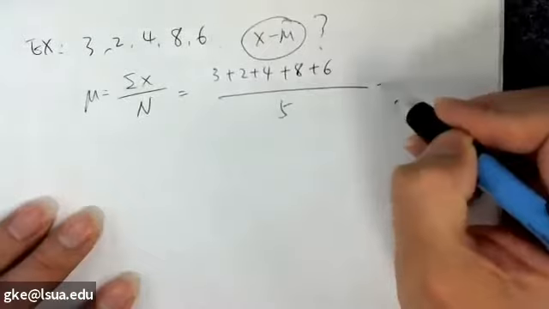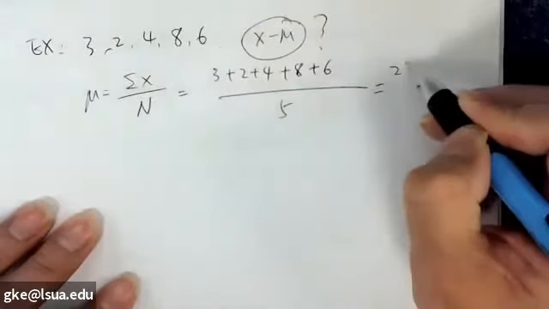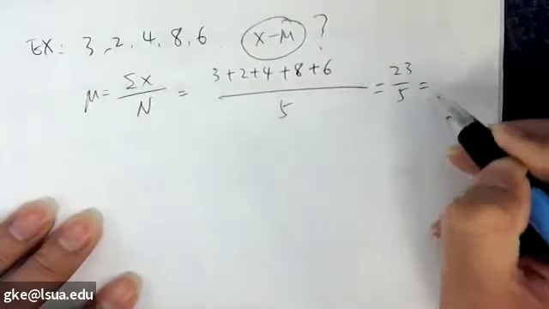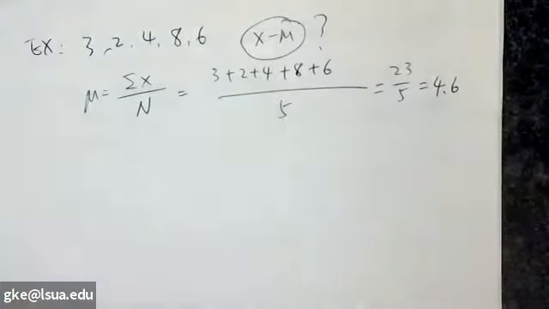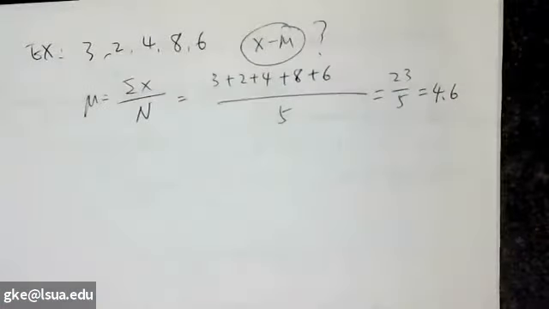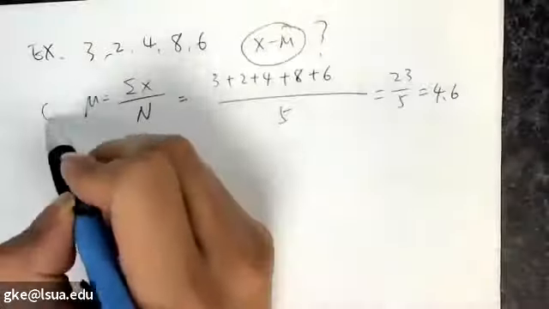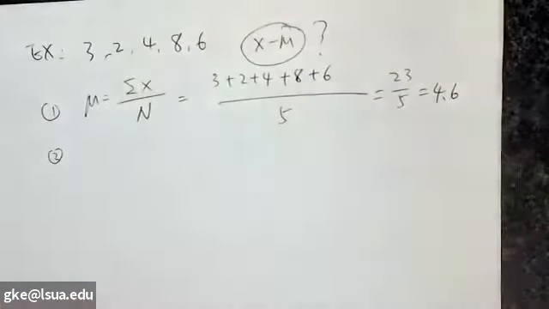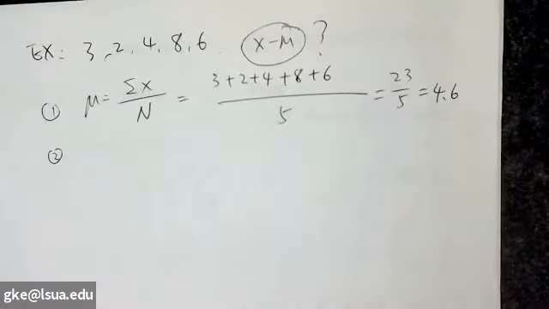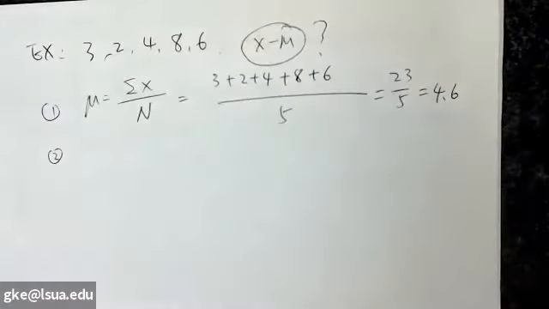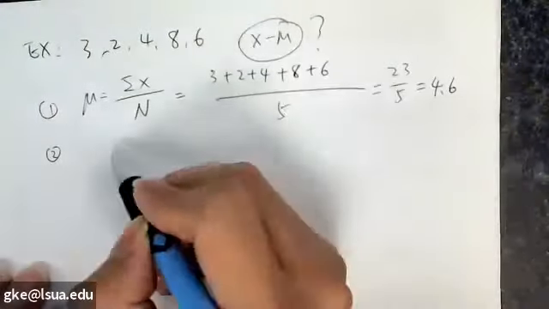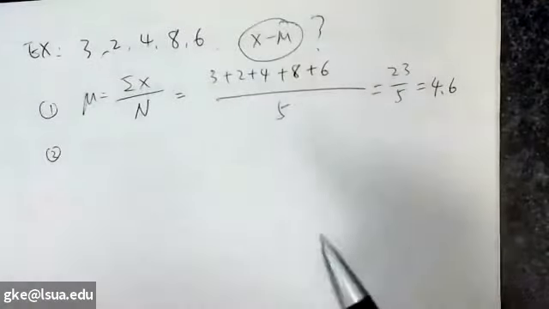That's going to give you 23 divided by 5, which is 4.6. Okay, 4.6.